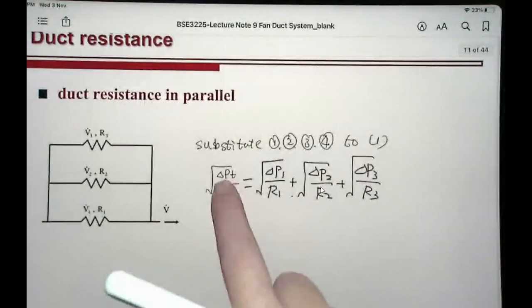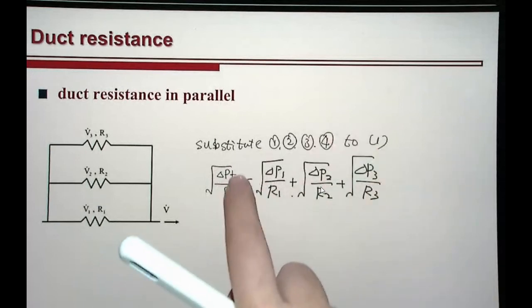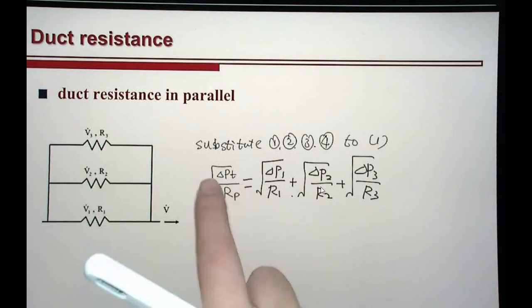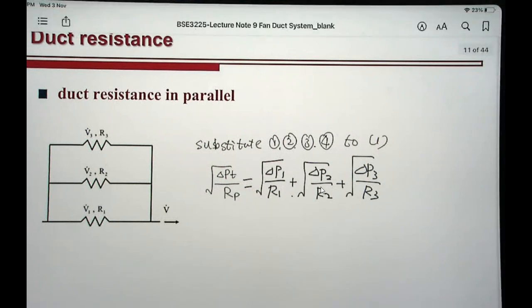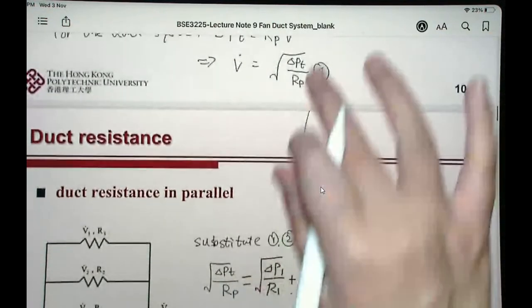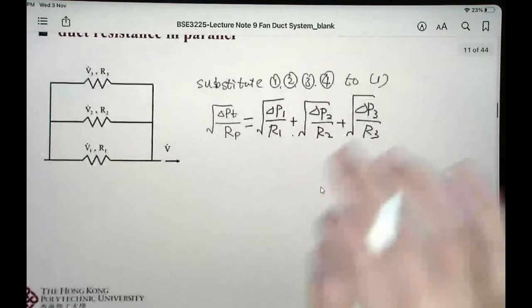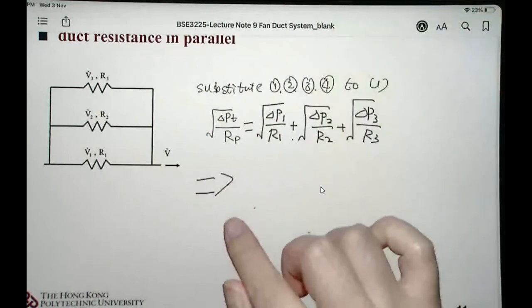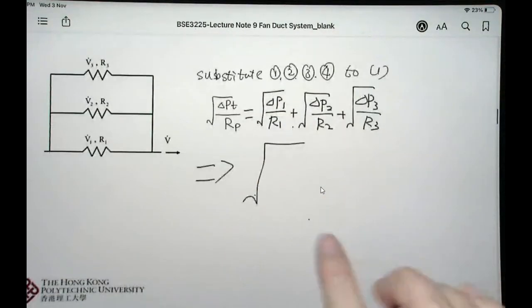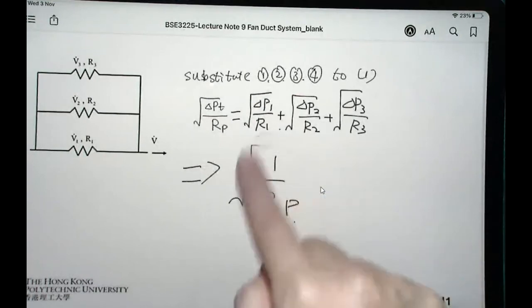So in this equation, the terms on the upper part can be canceled out, or you can divide the whole equation by the square root of delta P. And then you will be left with the following, which I'm going to write like this.